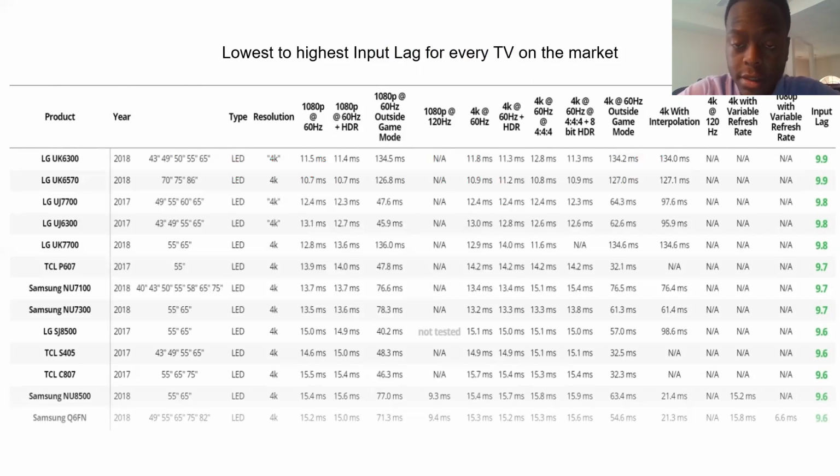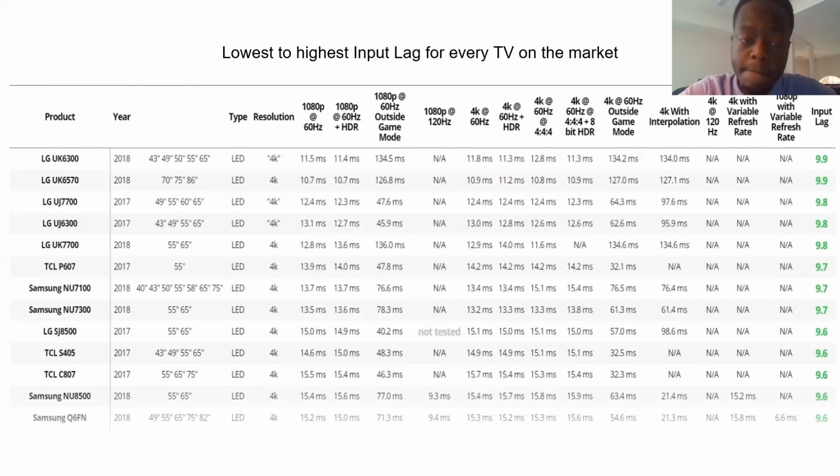I went into this project thinking that the TV resolution mattered, but I was immediately disproven of that. As you can see in the column that says resolution, the top 13 TVs on the market overall, of all TVs being mass produced, the top 13 TVs for lowest input lag are native 4K resolution.